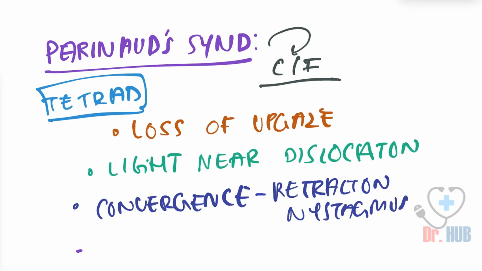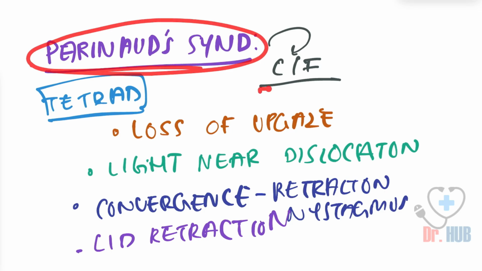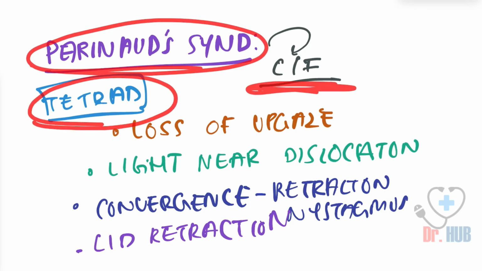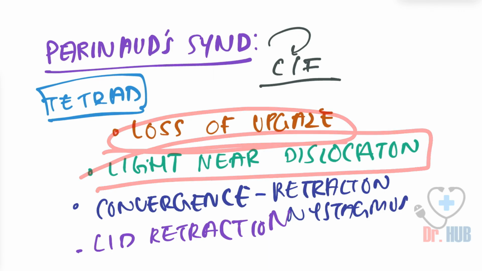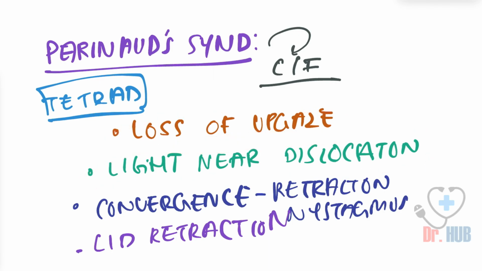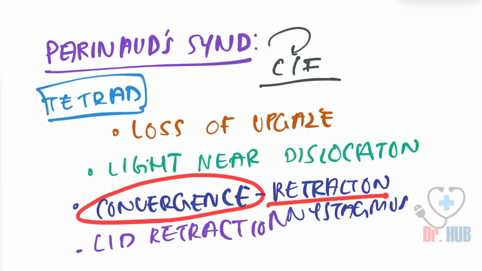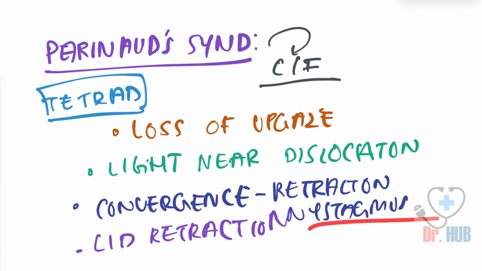Then there is also lid retraction. Just to recap, we saw the clinical features of Parinaud syndrome. It includes a tetrad: loss of upgaze, light-near dissociation, convergence-retraction nystagmus, and also lid retraction.